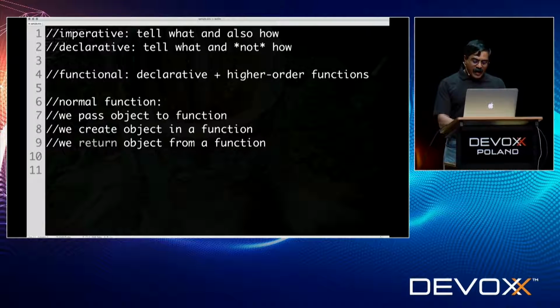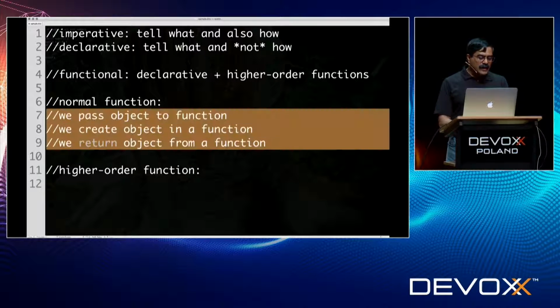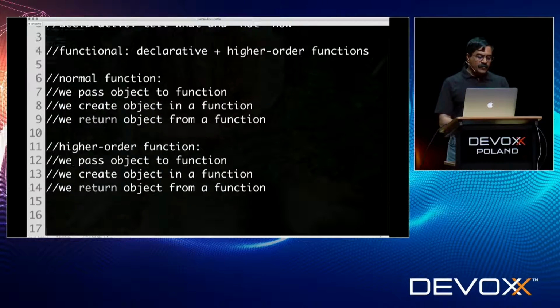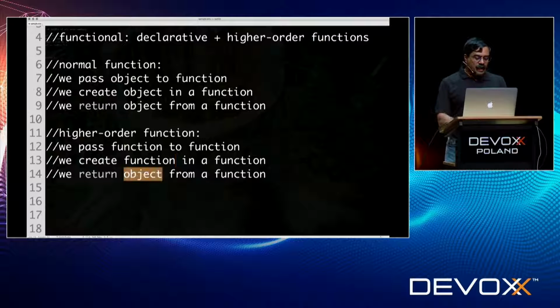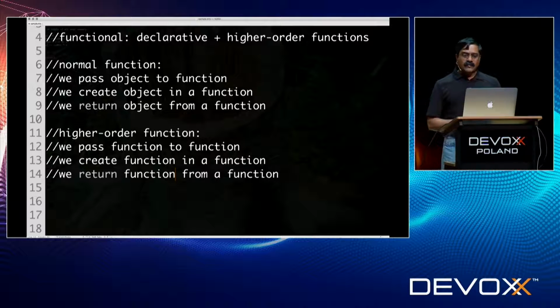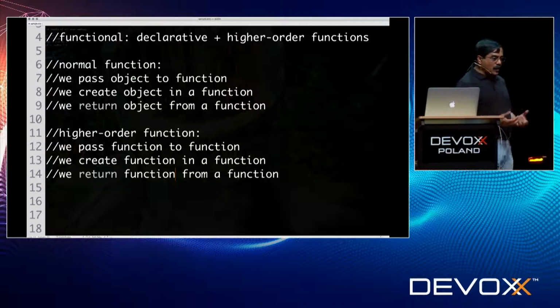But on the other hand, when it comes to a higher order function, what it means is that you can take this idea and go a little further with this, and that is we pass a function to a function, we create a function within a function, and also we may return a function from a function. And that's what makes a function a higher order function.